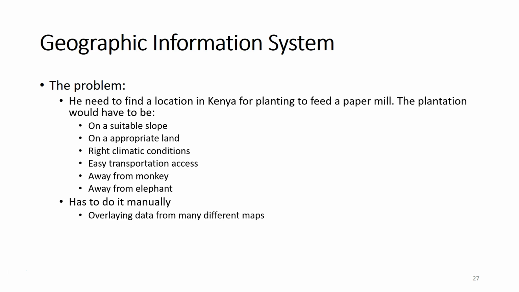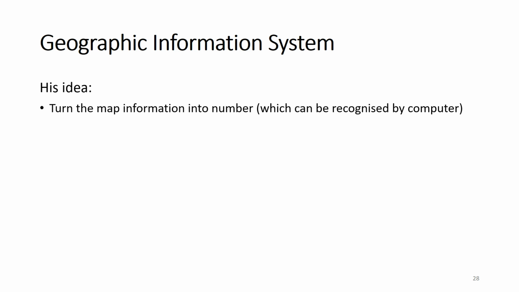Of course you need to overlay data. This is the idea. But before overlay, you also need to collect all the information. It's very time consuming. So his idea is to turn the map information into numbers, which can be recognized by the computer. During that time, they could not see the map on the monitor.